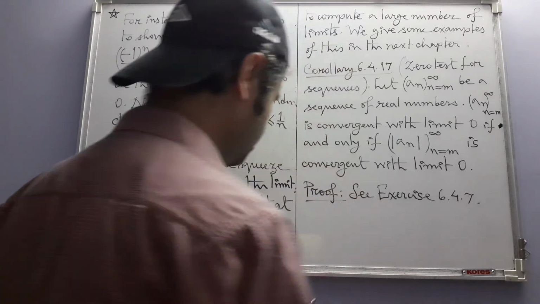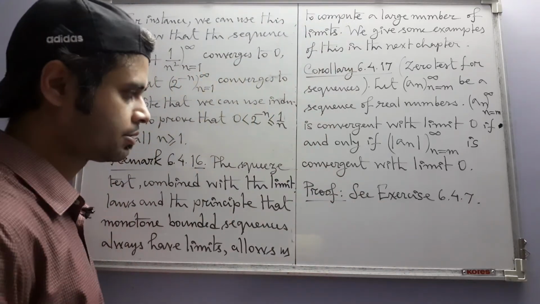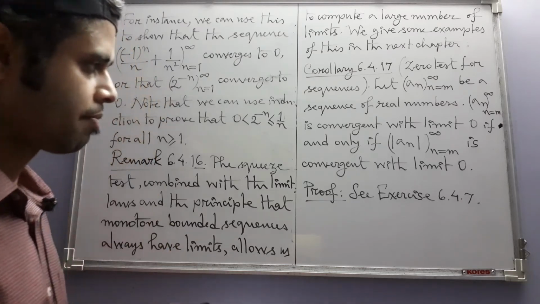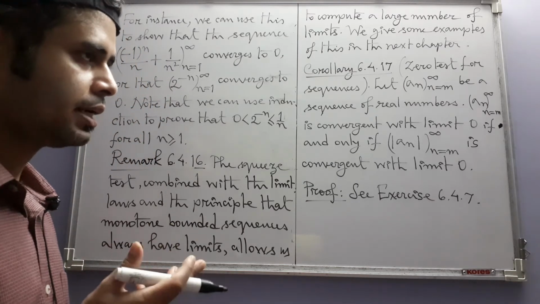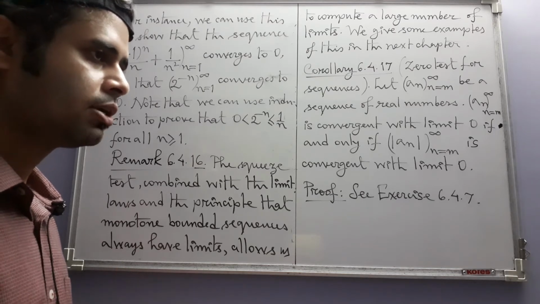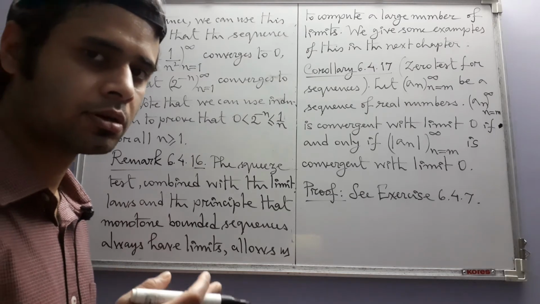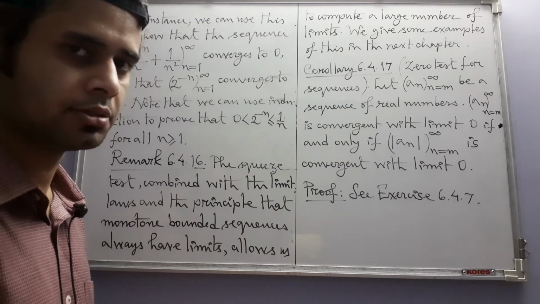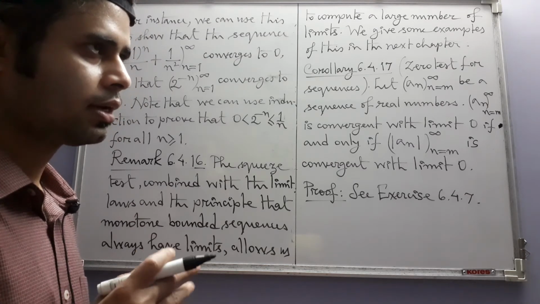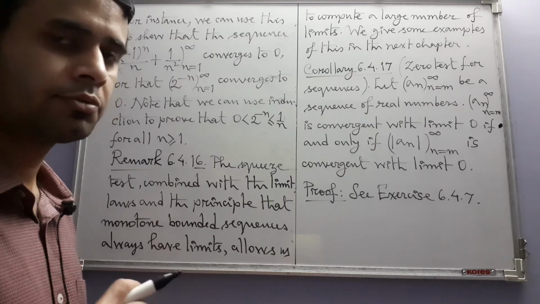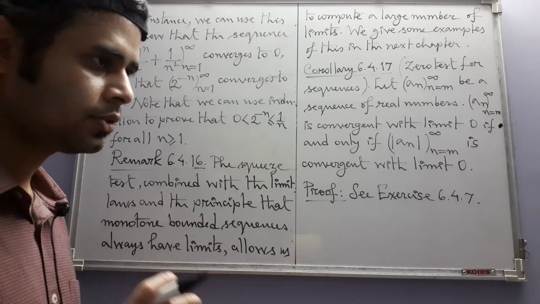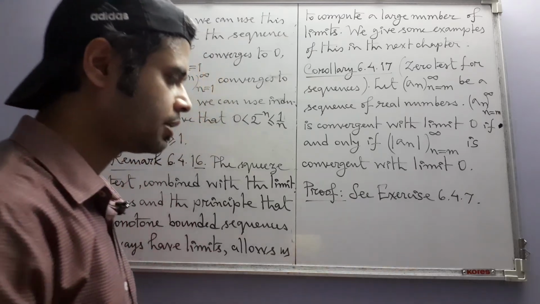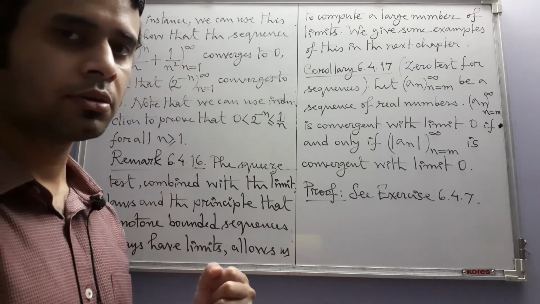It has the name completeness of the reals, and actually this theorem, its statement is just this: a sequence of real numbers is convergent if and only if it is a Cauchy sequence. Note that we have already proved one half of this theorem, namely that if you have a convergent sequence of real numbers, then it has to be a Cauchy sequence.